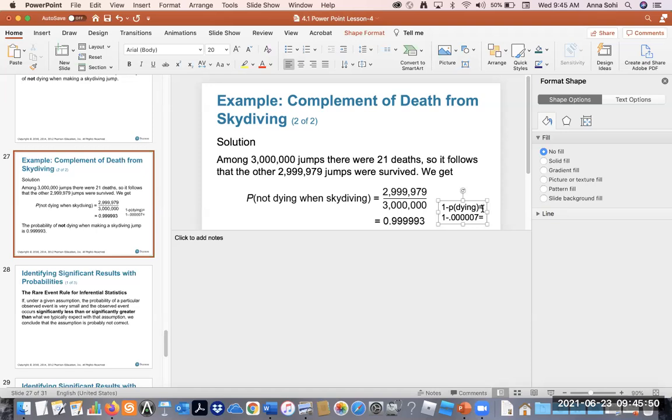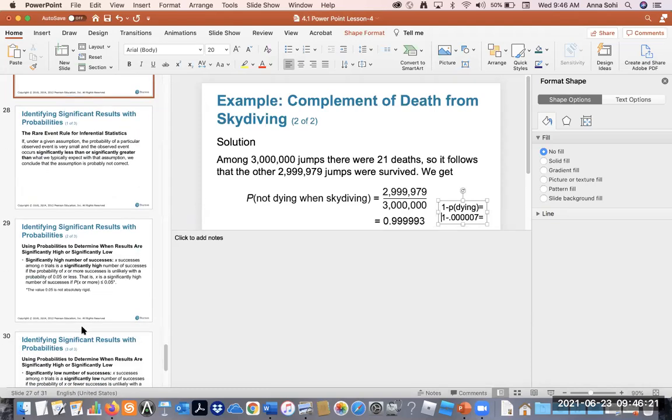You could do it this way, or you could say 1 minus the probability of dying, 0.000007, and at the end our answers would be the same. Any questions? And it happens very, very rarely that someone dies. So the chance of not dying is pretty high.